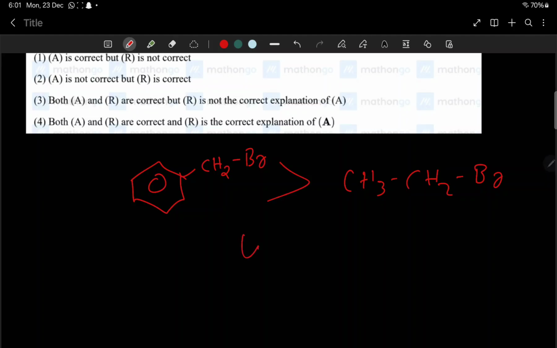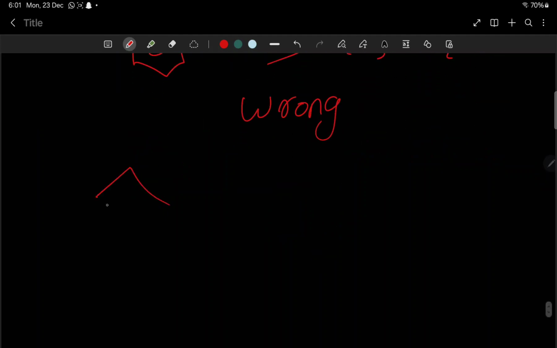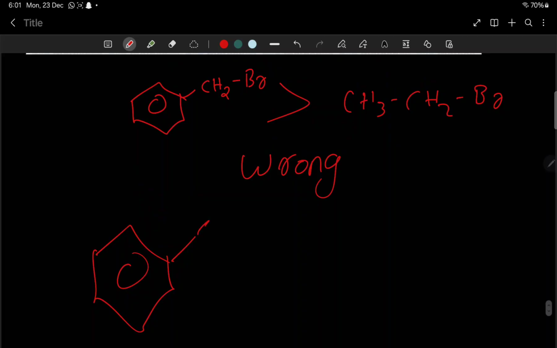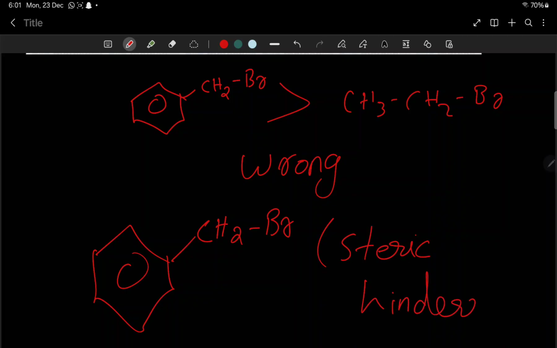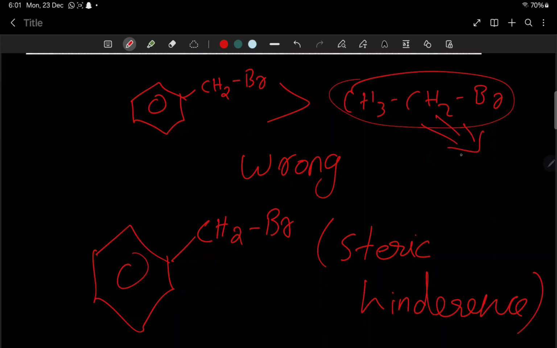Really, the statement is what? Wrong. The statement is wrong. Why? You have learned that for benzene, SN2 reaction is difficult. SN1 is preferred because of stability of benzylic carbocation. SN2 is difficult because of steric hindrance. But for this one, this is a very simple hydrocarbon.